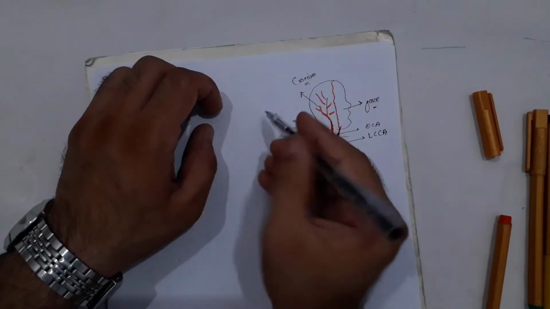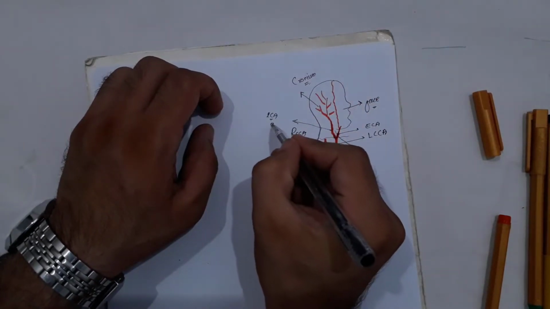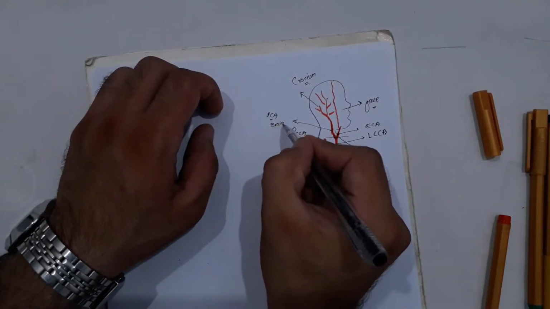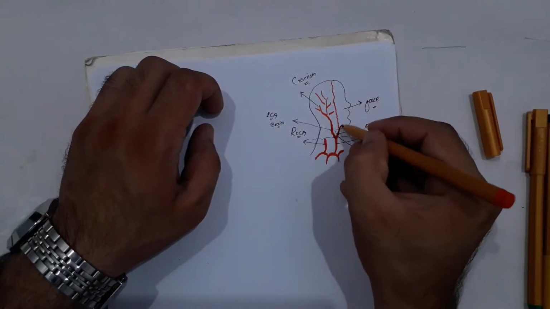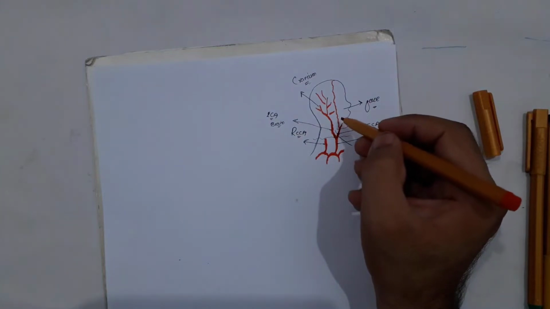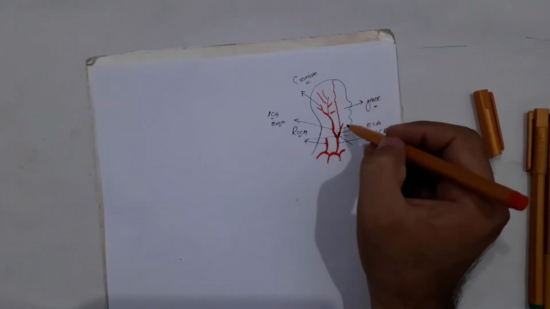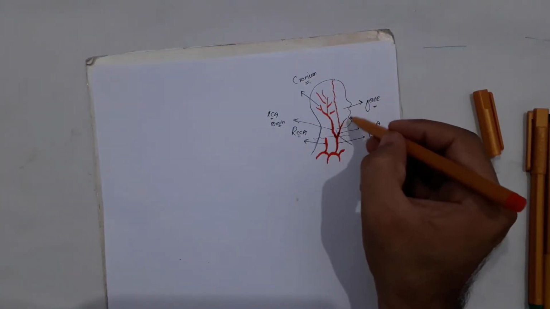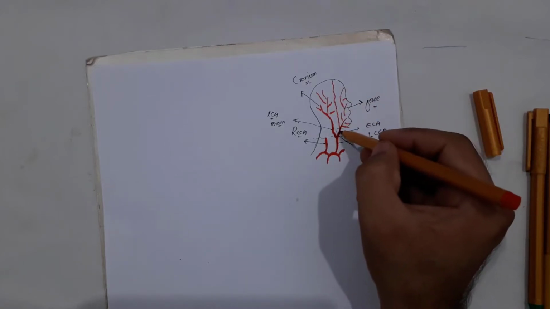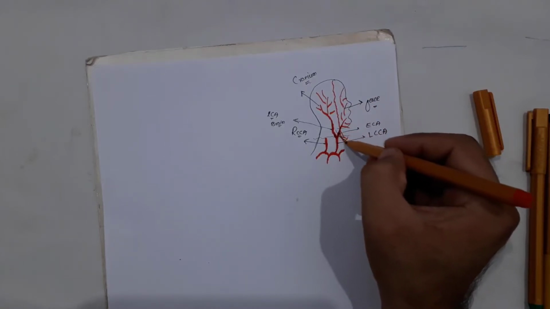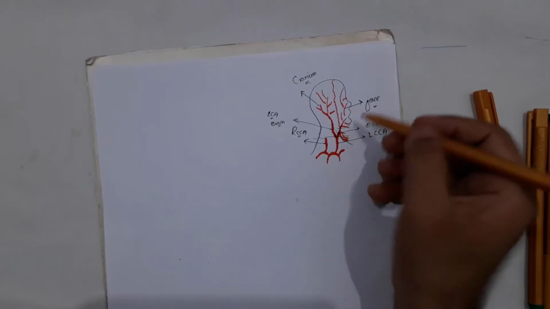So this supplies the brain and other structures in the head. And this external carotid artery is responsible for supplying blood to different viscera and different parts of the face and other structures present here, and also to the organs of the neck region.